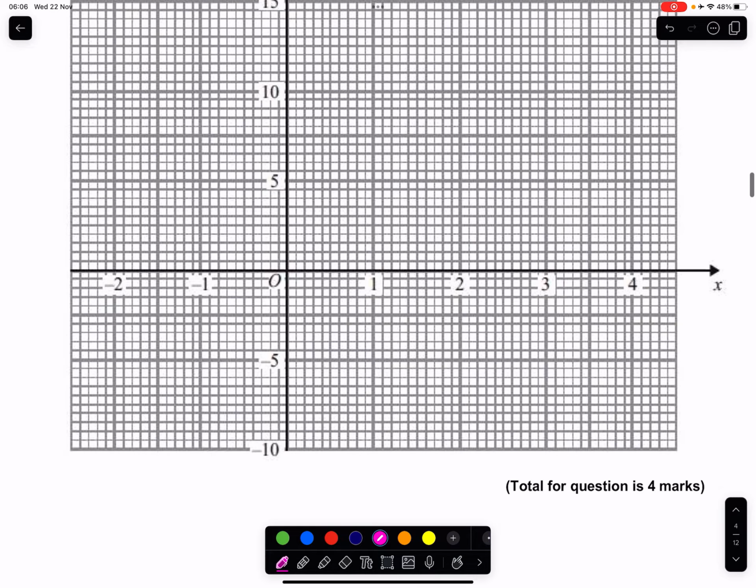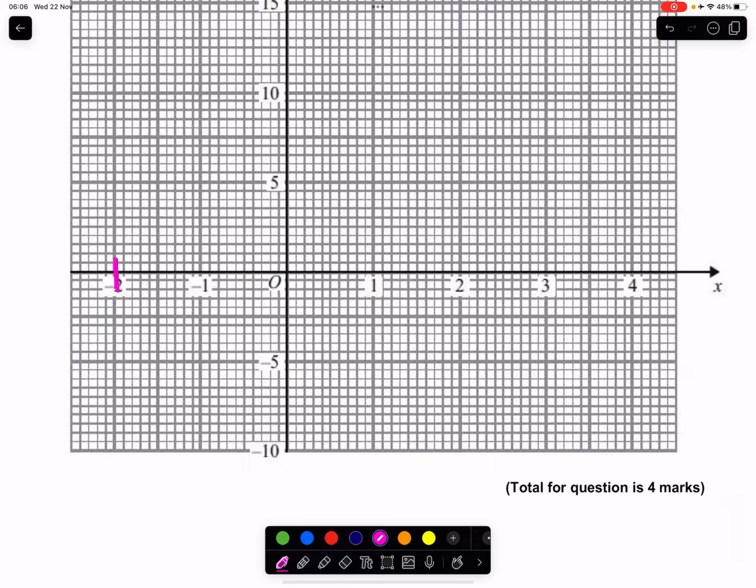So first point, minus 2 comma minus 9. Minus 2 is here. Minus 9, this is going up in 2 squares for every 1. So I'm looking at here for minus 9. So I'm going to be careful with this. There's going to be our point. Then we have a 0 comma minus 1, which is going to be here, 2 squares below 0.